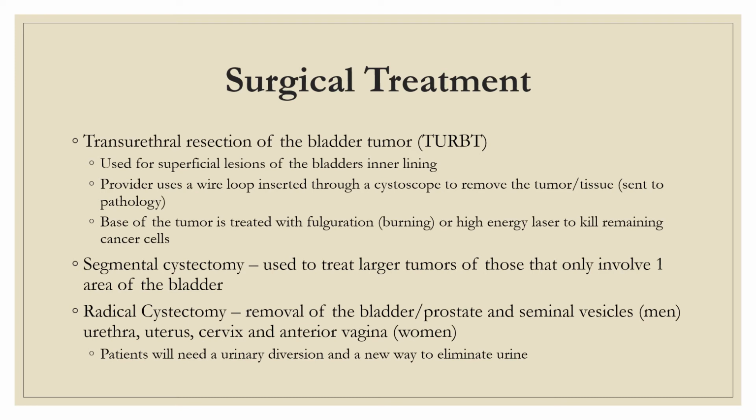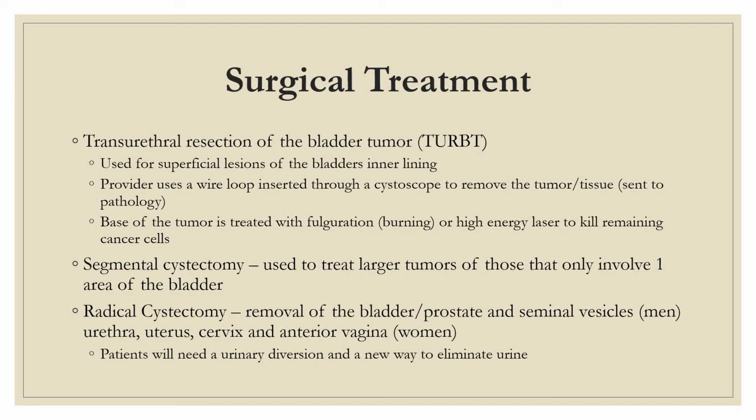If patients have TURP procedures often, they may develop scar tissue or fibrosed tissue within the bladder. And also there may be a chance for recurrence. So just something to think about with TURP procedures. And also if patients do have repeated procedures, there may be limited ability to hold urine after some time.